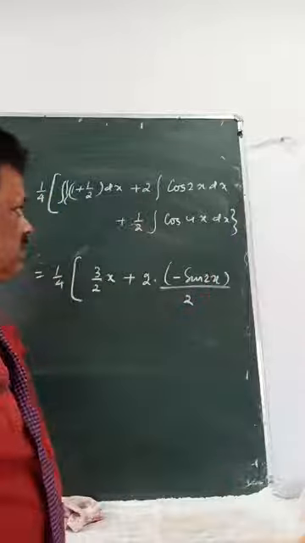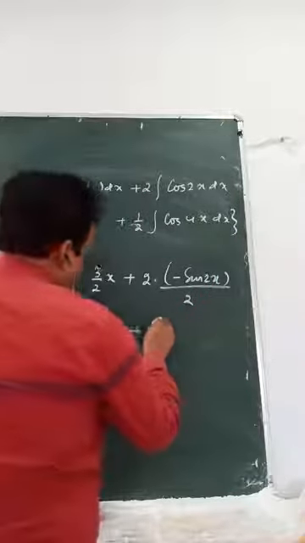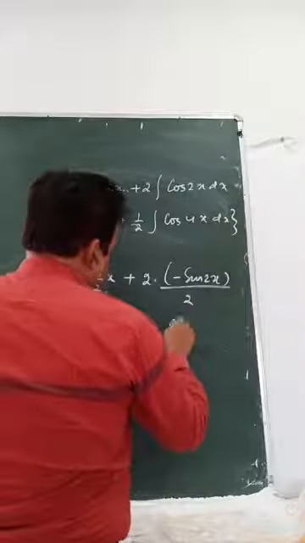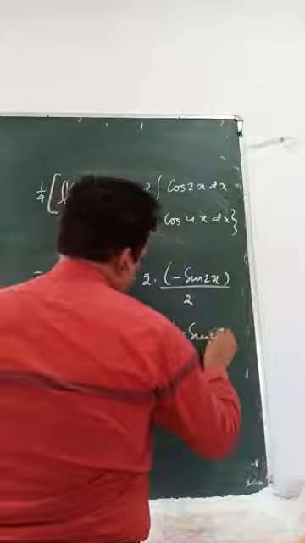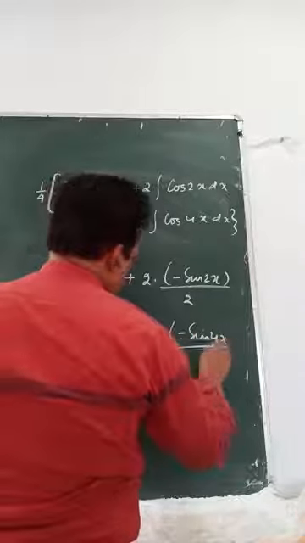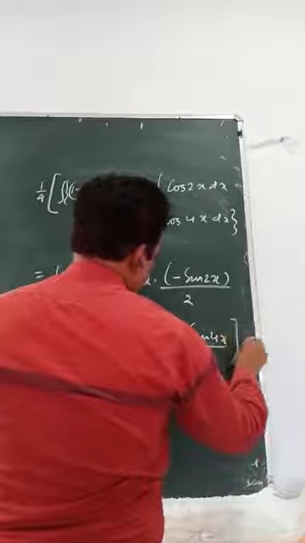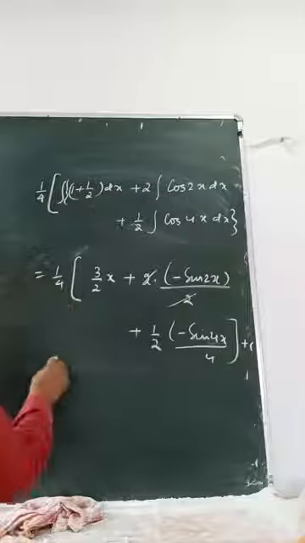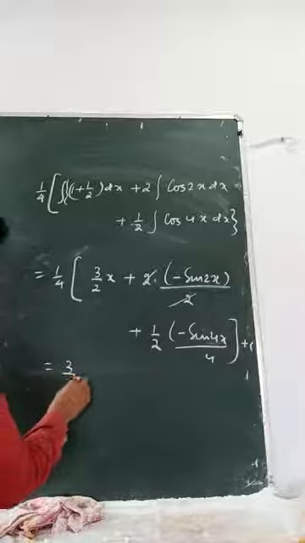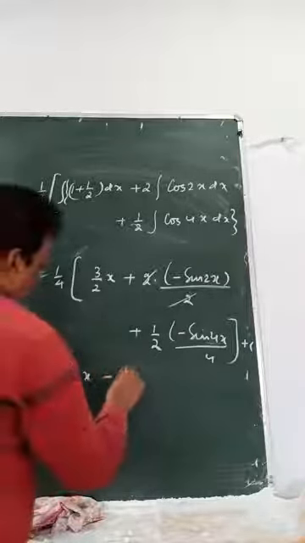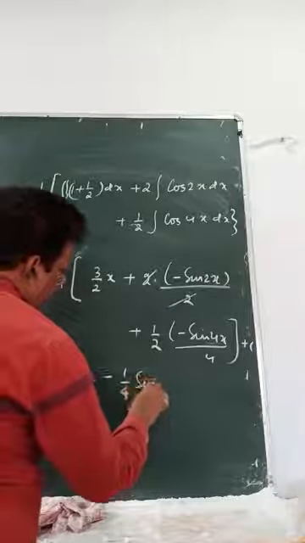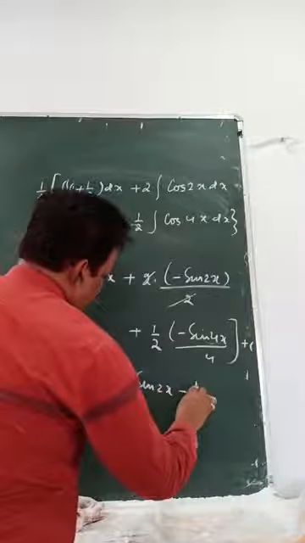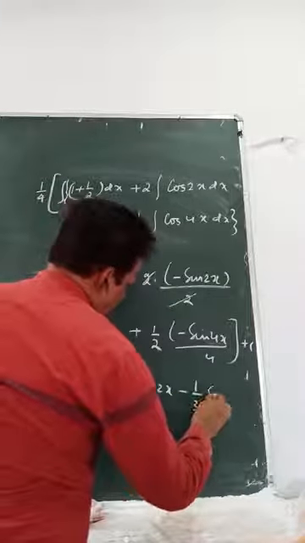Don't make the mistake on that. Plus 1 by 2 minus sin 4x by 4 plus c. This is cancelled. Now you can multiply it. 3 by 8 x minus 1 by 4 sin 2x, 1 by 32 sin 4x.